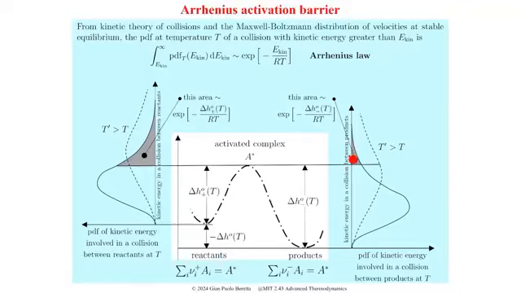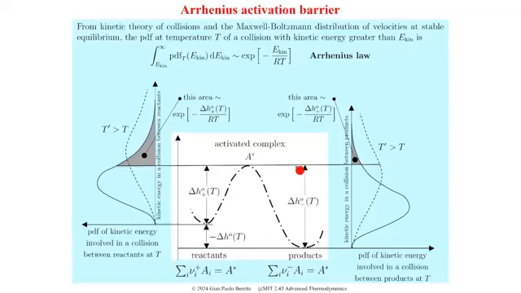And of course, from this side, it's smaller. So there is more probability to get up here from the reactants than from the products in this case, because delta H plus is smaller than the delta H minus.